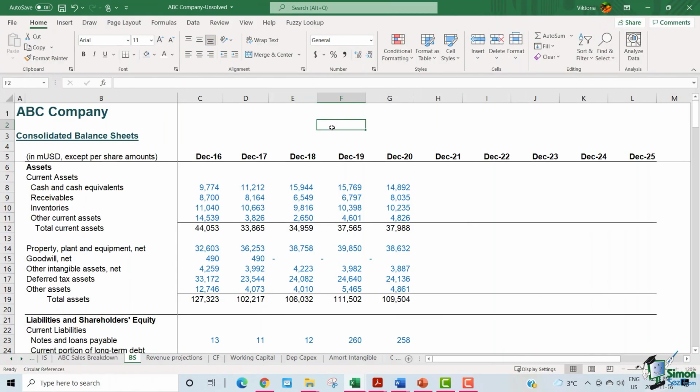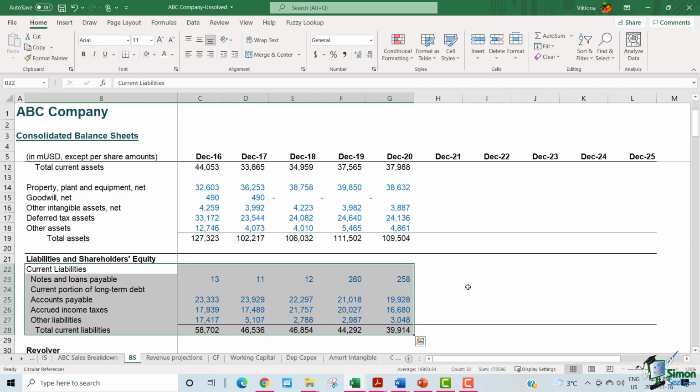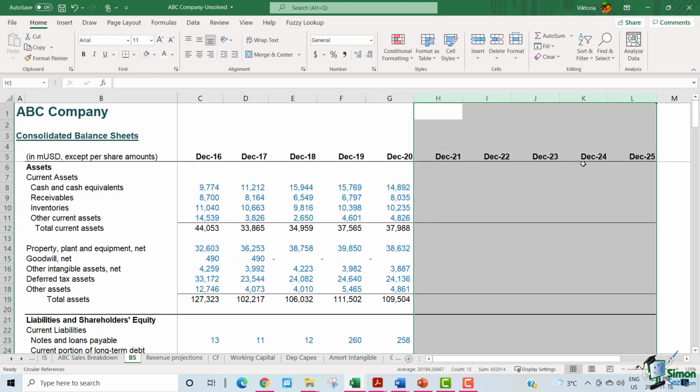Before we start our forecast for working capital, let me explain what working capital actually is. Working capital is defined as the difference between the company's current assets and its current liabilities. In order to forecast the current assets and the current liabilities for the future time periods, we need to calculate the changes in net working capital.